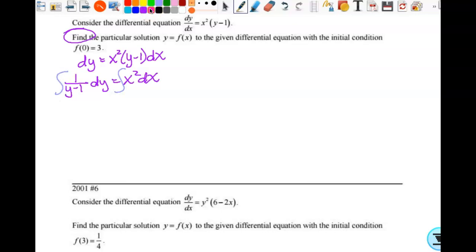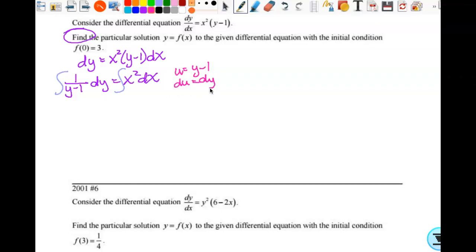Right. So when I integrate on the left, how am I going to handle this? Okay, so it is going to end up being a natural log. A u substitution might be needed here, technically. So we got u equals y minus 1, right? So du equals dy. So we're good on that.